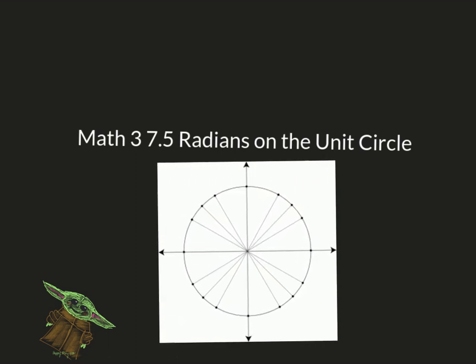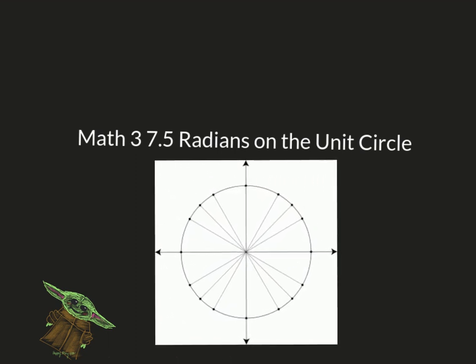So if you have a unit circle like what we did last week, as you go around it, here you'd have 0. Up here, all the way across, we'd have pi radians, and then if we came back around again, instead of 360, we would use 2 pi.